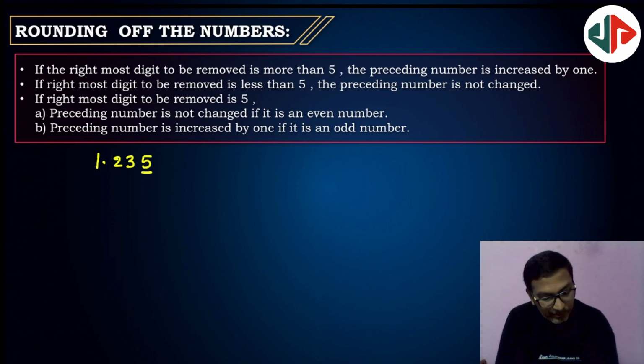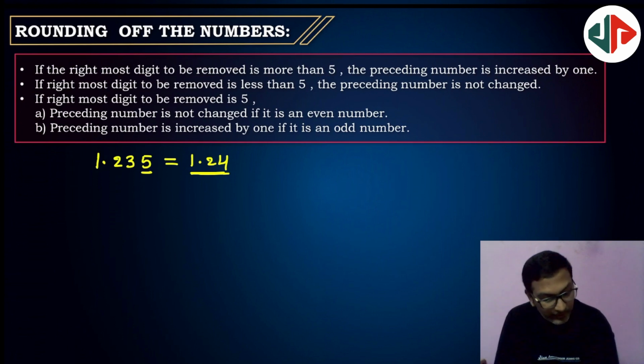It is 5 or more than 5. The preceding number is 3, so it is increased by 1. Therefore 1.24. This is the rounding off.